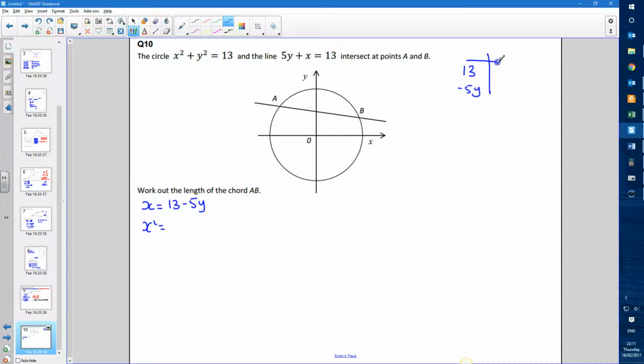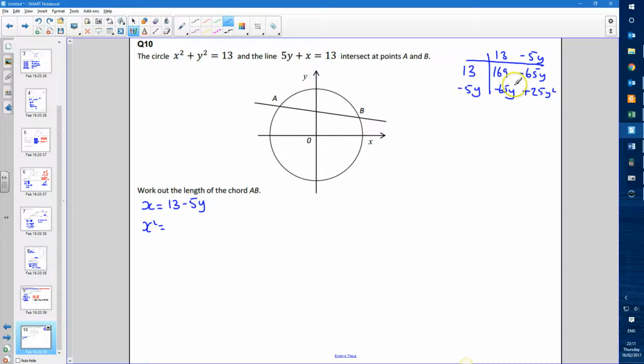So that's 13 take away 5y times 13 take away 5y, and that's going to be 169 take away 65y take away 65y plus 25y squared. So this here is 13 take away 5y squared.